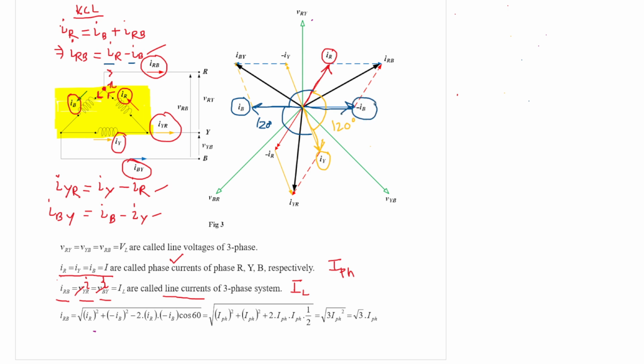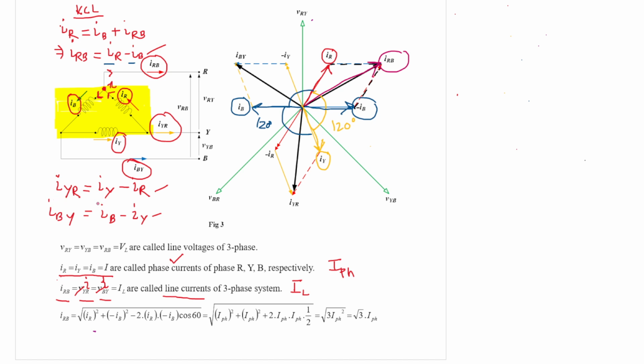So the phasor summation of IR and minus IB will be IRB. It is represented by this phasor IRB.